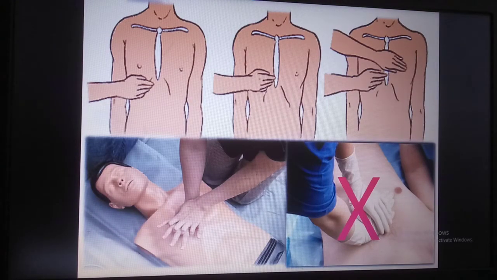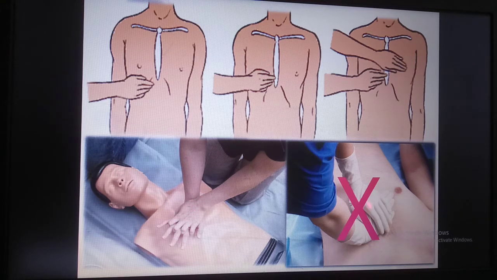A picture presentation to show the hand positioning for the chest compressions. You should be on the side of the patient, keeping your hands on the center of the chest, on the intermammary line, on the sternum. And the hands should be interlocked.